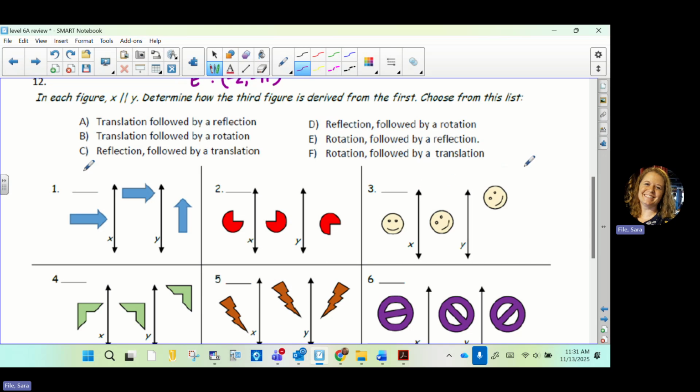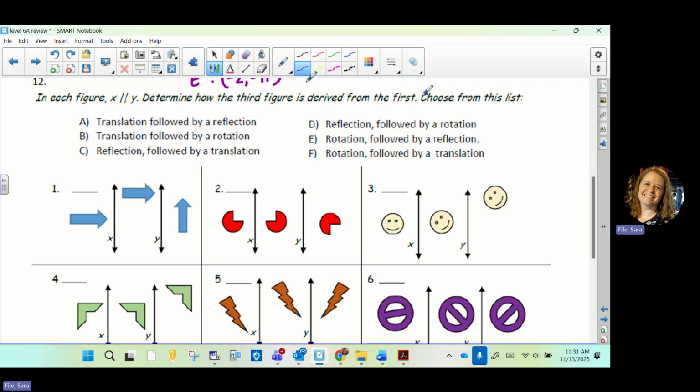So in number 12, it says, in each figure, X is parallel to Y. So these lines are parallel. They're just saying that as a way to look at the image to make sure that it's a parallel line. Determine how the third figure, so there's 3 in a row, is derived from the first.